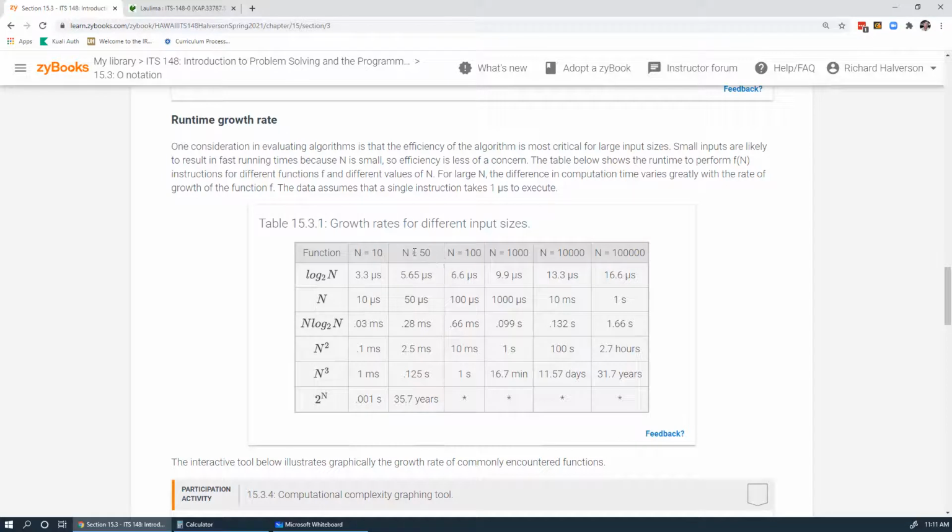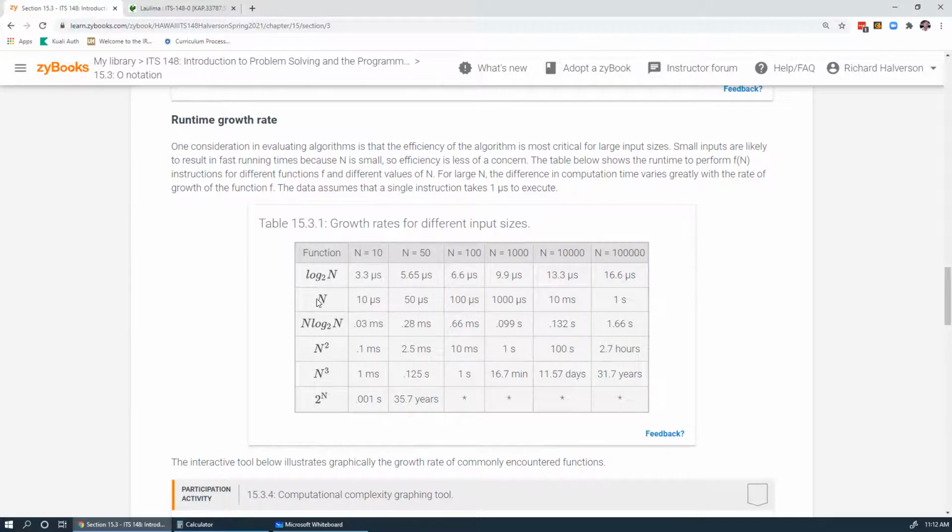The fact is, for log to the base 2 of n, if you go from 10 to 100, in other words, you're 10 timesing it, the program is only going from 3.3 microseconds to 6.6 microseconds. You're 10 timesing it, but you're only doubling the amount of time it takes to run.